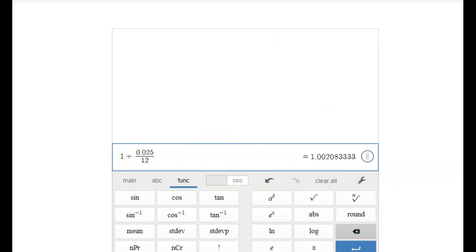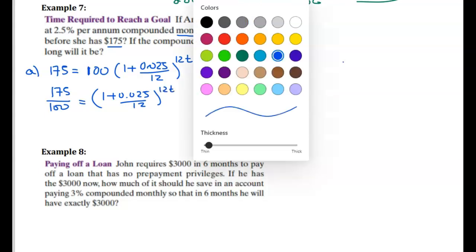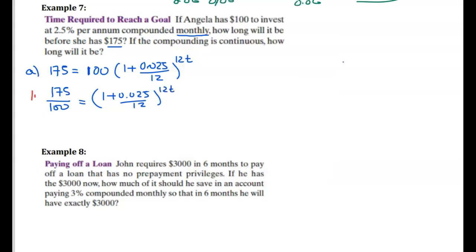I don't like to round, that's the problem. Okay, so I'm gonna leave it like this. 1 plus 0.025 divided by 12 to the 12t. Alright, we're going to take the log of both sides. So the 12t comes in front.